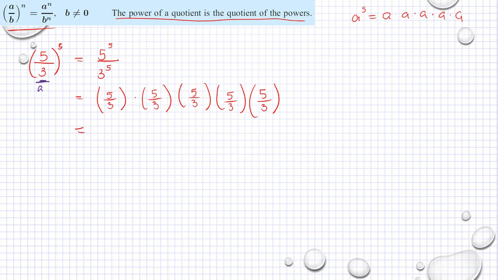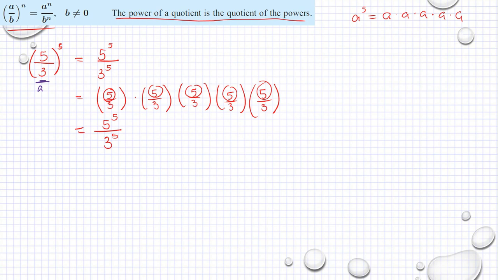Then as you can see, 1, 2, 3, 4, 5. There are 5 5s, 5 raised to 5, and then 3 raised to 5. There are 5 3s also.